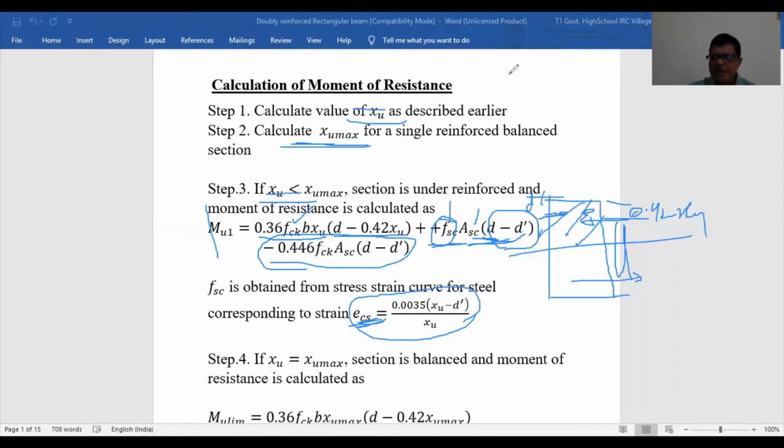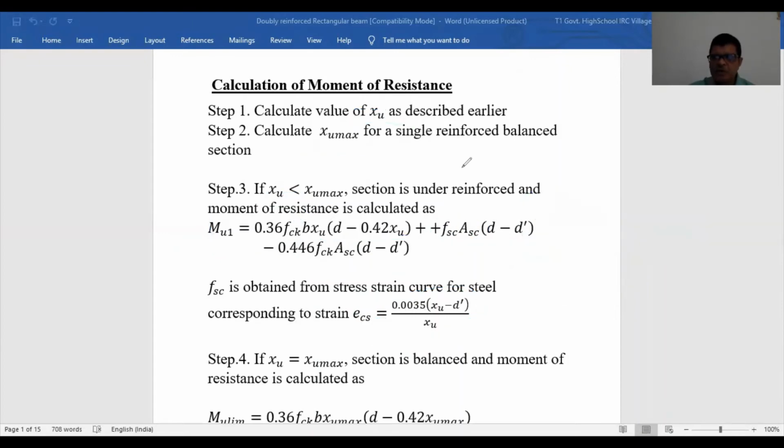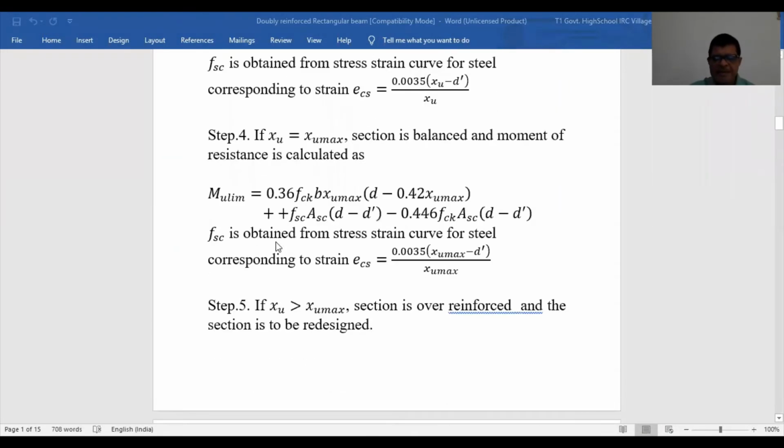Now, if it is a balanced section, where xu is equal to xu maximum, what will you do? You put the formula for the limiting case. If xu is equal to xu maximum, in the above formula put xu maximum: 0.36 fck b xu maximum, d minus 0.42 xu maximum, then fsc into Asc, d minus d dash, and minus 0.446 fck Asc, d minus d dash.